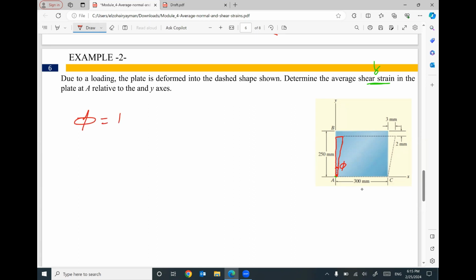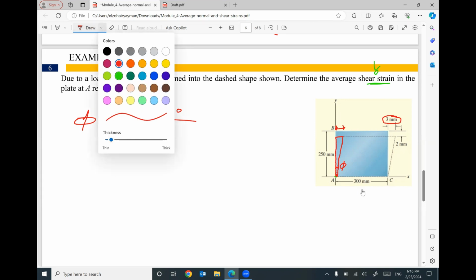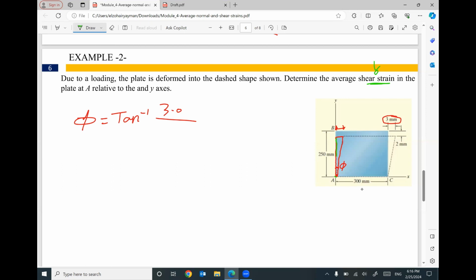Phi equals inverse tan of the opposite, and I think this value will be the same as this value, 3 millimeter. And the height will not be 250, it will be 250 minus this change in the height, which is 2 millimeter. That makes sense?